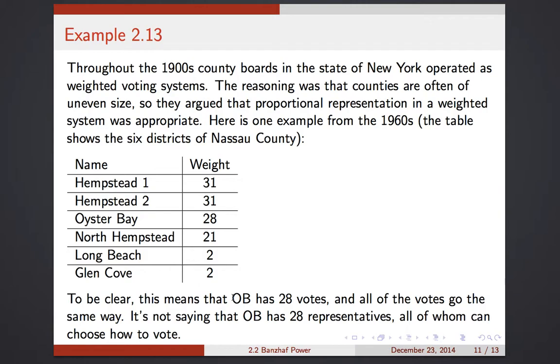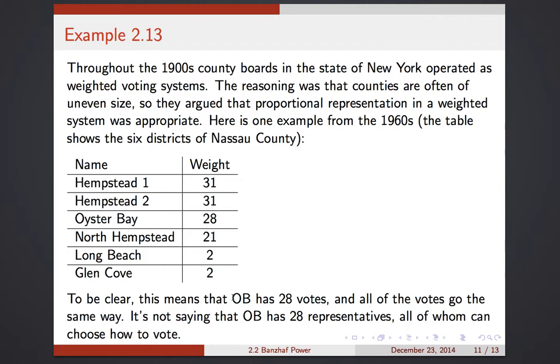The United Nations is one of them, the Electoral College is another, business partnerships, corporations, etc. These weighted voting systems are all over the place, and so once you have a system in place like that, it's nice to know who has the power and how much power do they have. So here is a really cute real-world example from the 1960s that I want to walk us through.